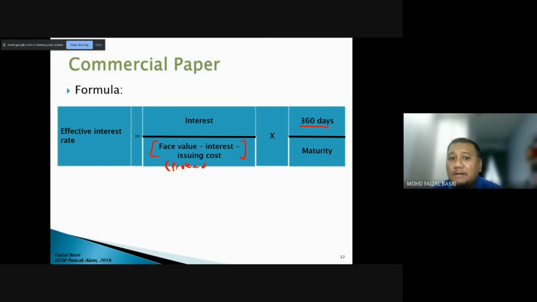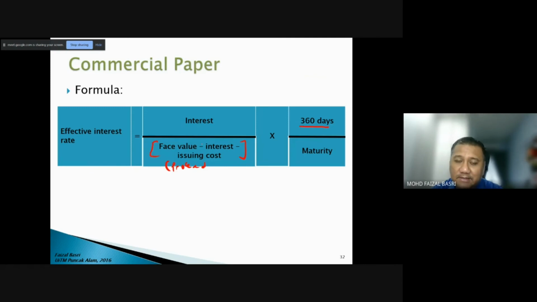So the whole thing here refers to proceeds. So interest divided by proceeds. So technically it's the same formula as our first notes payable formula, without any commitment fees. So interest divided by proceeds, but this proceeds consists of this.